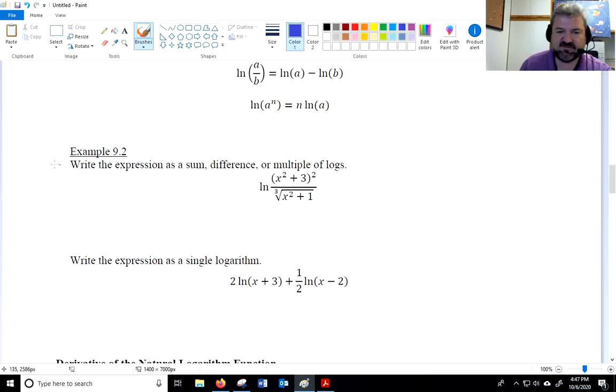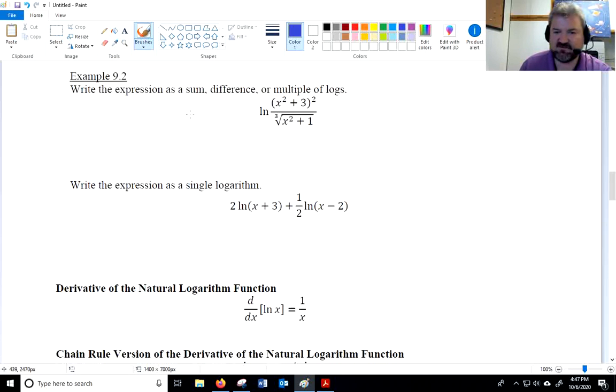Let's practice expressing this as a sum or difference of multiple logs. So expand this out as much as you can is the idea. I'll take the top part and I'll write it as x squared plus 3 squared. And then the bottom part is a subtraction, and I will write it as x squared plus 1 to the 1/3.